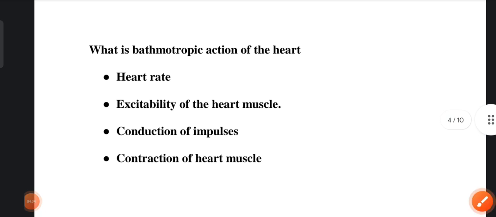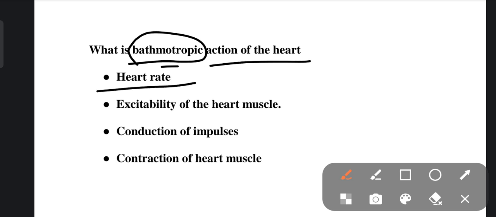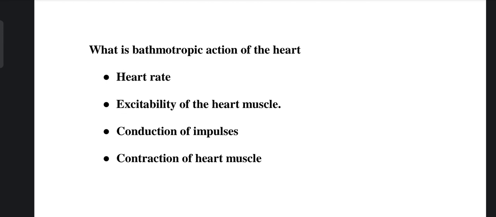So the next question is, what is the bathmotropic action of the heart? Options are heart rate, excitability of the heart muscle, conduction of the impulses, contraction of the heart muscle. So which is the right one?